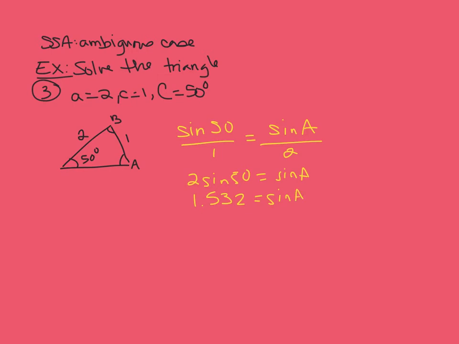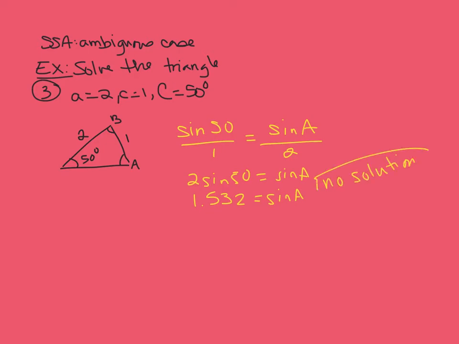Sine cannot be any value greater than 1. So if you try to evaluate that using the inverse sine function on your calculator, you will get an error. I got a domain error because the value that you would get is out of our domain. So this one is a no solution.